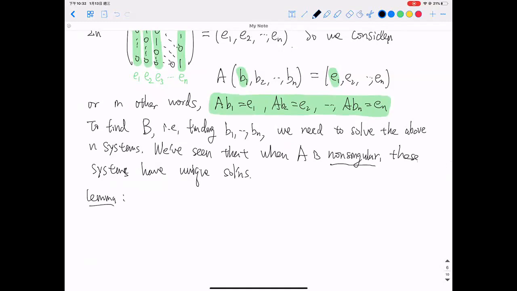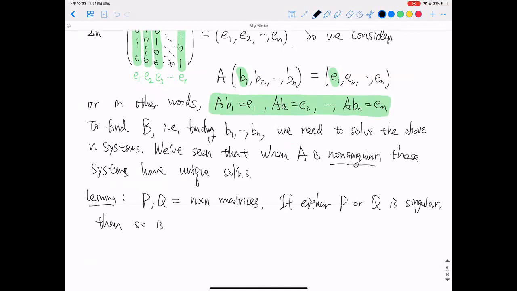Okay, let's say P and Q are n by n matrices. If either P or Q is singular, then so is PQ.